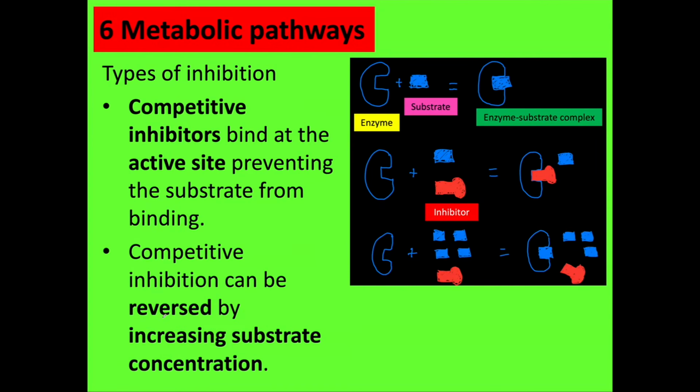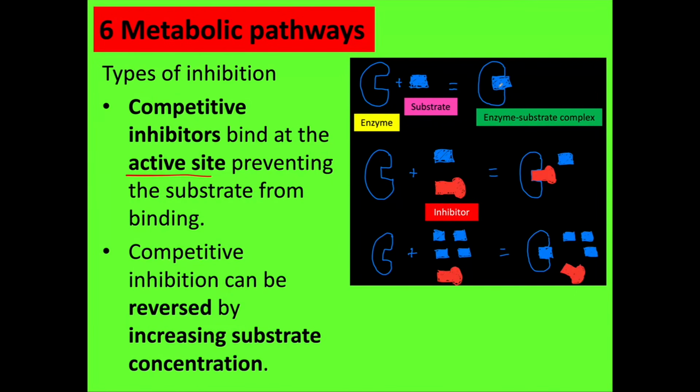Now, inhibition is the last part of this topic, and there are three main types of inhibition you need to know about for your exam, the first of which is competitive inhibition. Now, competitive inhibitors are inhibitors which bind at the active site, okay, and by doing so, prevent the substrate from binding. So if we have a look here at a normal reaction, we've got the enzyme here, we've got the substrate here, and the substrate's able to enter the active site, and we get an enzyme substrate complex.